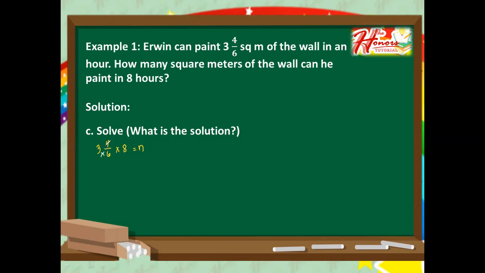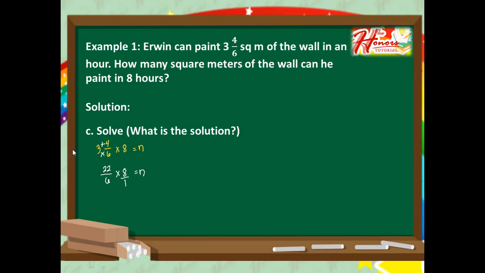So that's 6 times 3, that's 18, plus 4, that's 22. So we have here 22 over 6 times 8 equals n. Then after that, let's change 8 into a fraction. So let's write over 1 there.